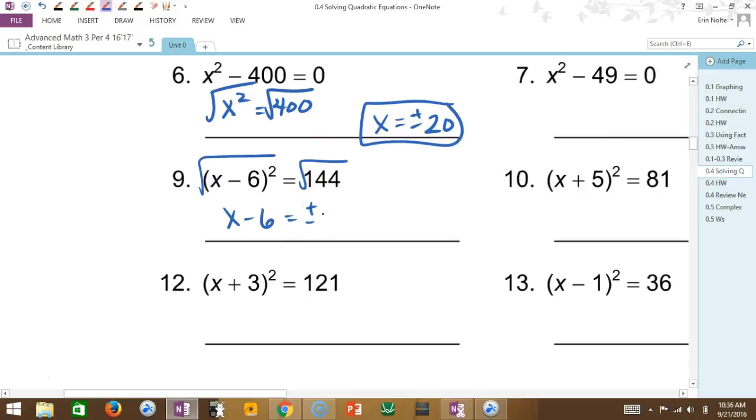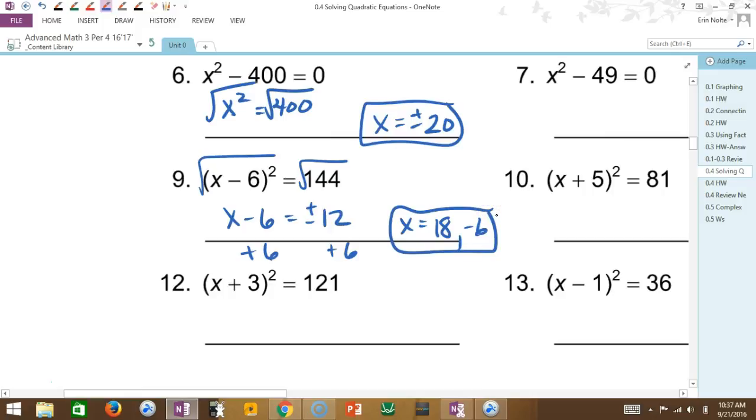So technically it's plus or minus 12. Then what would I do from there? Add 6. So I can say 12 plus 6, which is 18, and then negative 12 plus 6, which is negative 6. So we get two very different solutions.